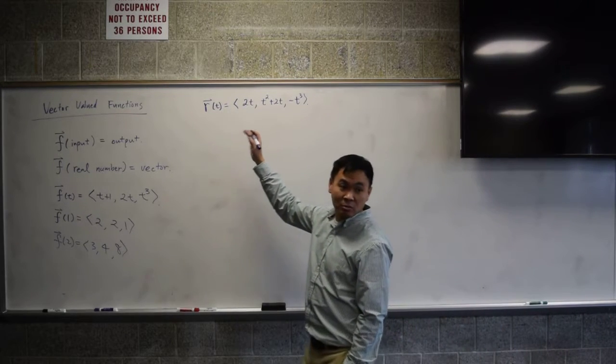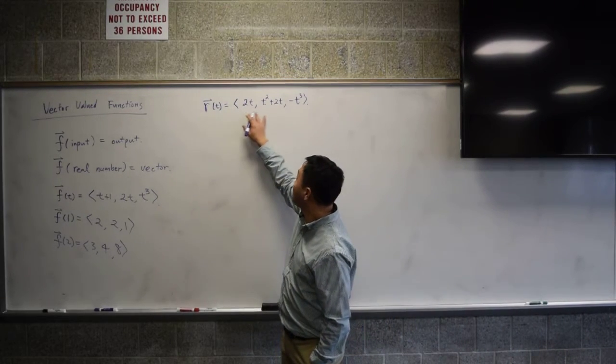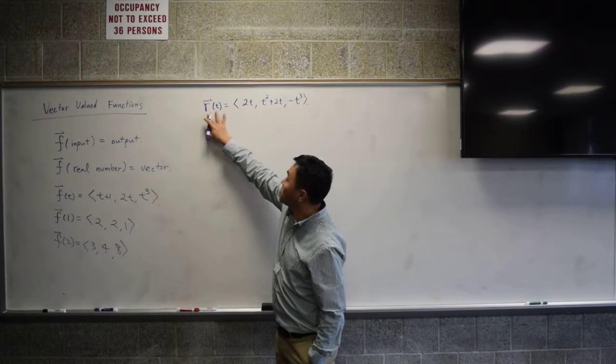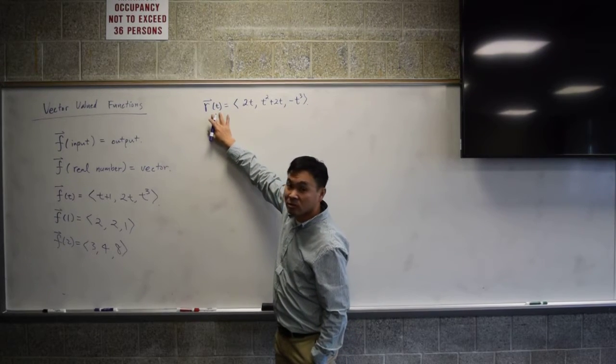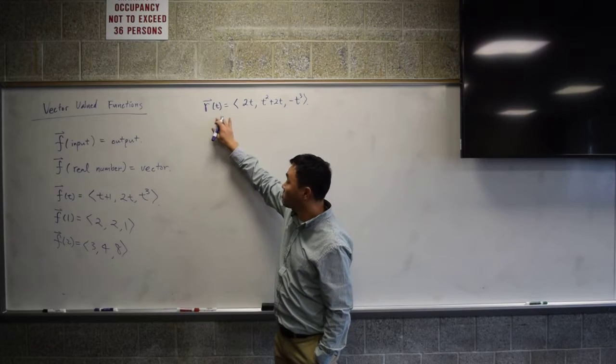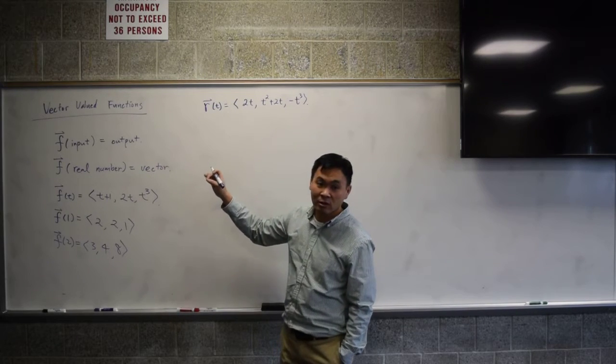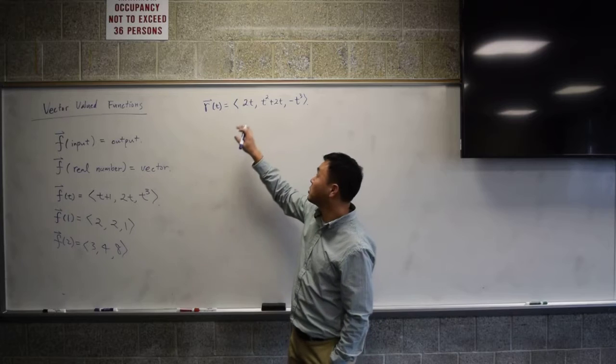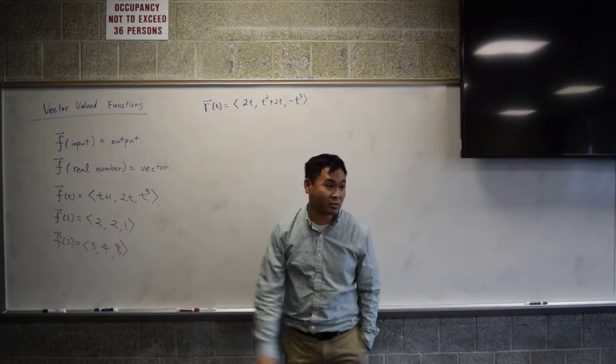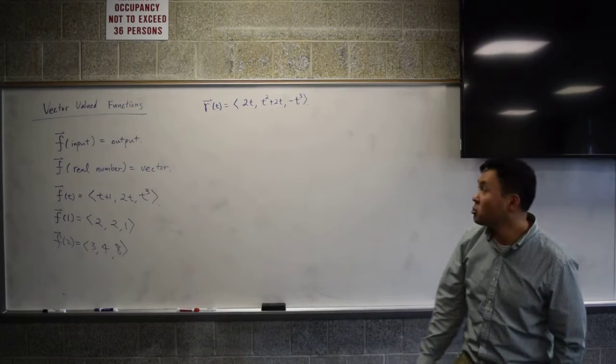It's moving in space, and the meaning of this vector is that when you put its initial point at the origin, the terminal point indicates where the particle is.